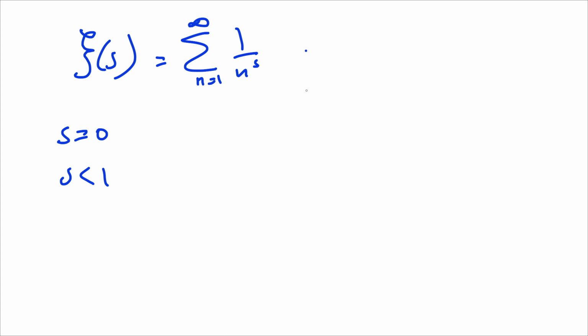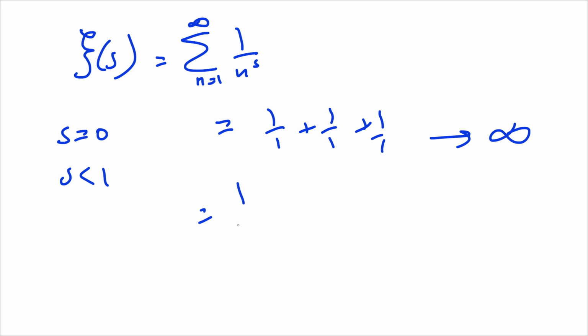When s is 0, this thing is 1 over 1 plus 1 over 1 plus 1 over 1, which we know diverges. That's easy. For s less than 0, we've got 1 over n to the minus something. It's a negative power, which means the thing is more than 1.